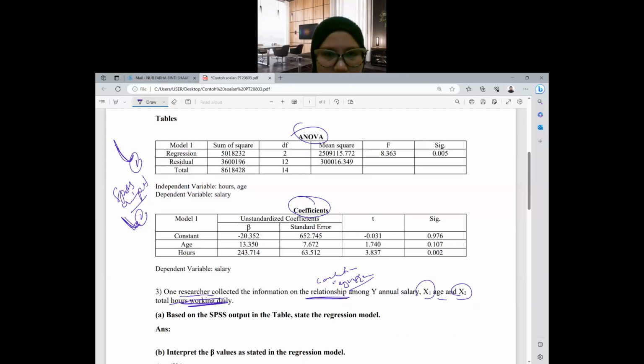The hint is here. They already state in the table that you have the regression.